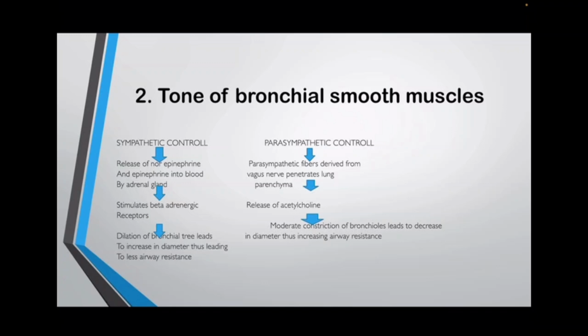When we talk about parasympathetic control, parasympathetic fibers derived from the vagus nerve penetrate the lung parenchyma and release acetylcholine. Moderate constriction of bronchioles leads to a decrease in diameter, thus increasing the airway resistance.